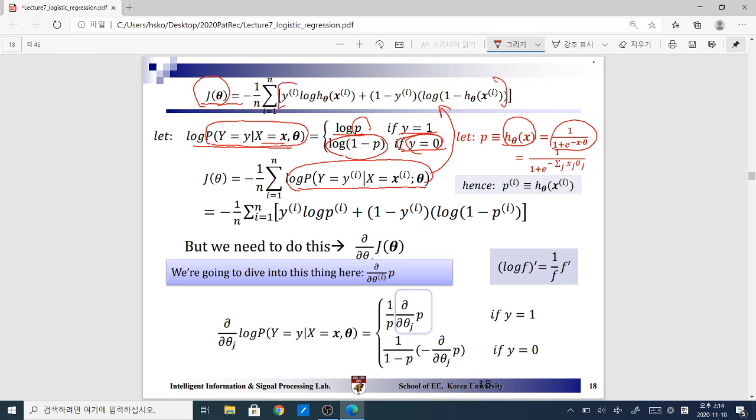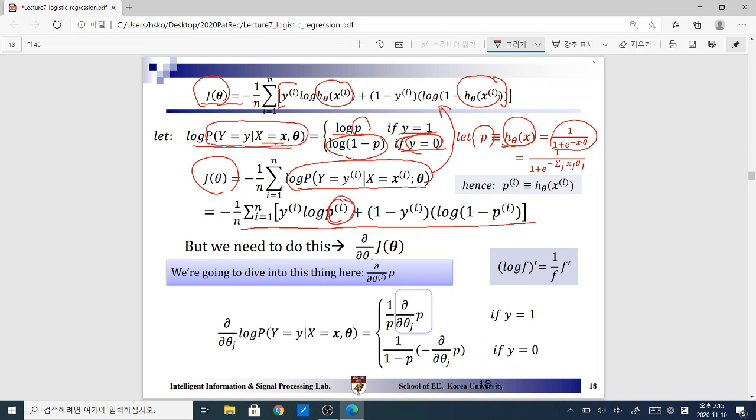So the whole error function is once again the same as this, where wherever you see the hypothesis function, it is going to be denoted with p, where the p represents the hypothesis function in terms of the label's probability.